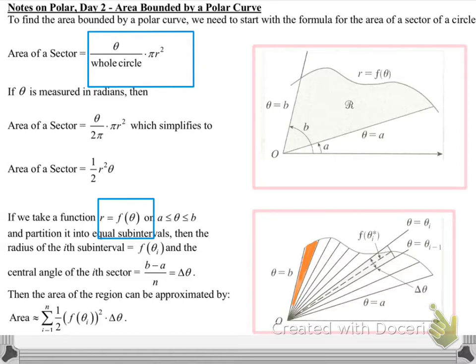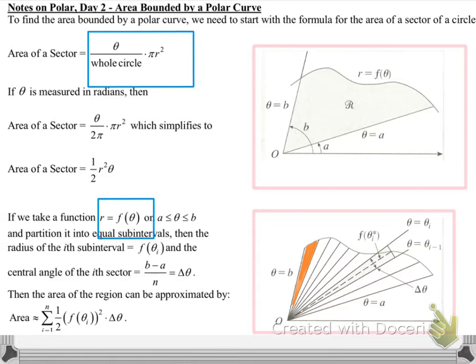Area of a sector, area of a whole circle, defining r as f of theta, and then we're trying to figure out how to draw this appropriately.